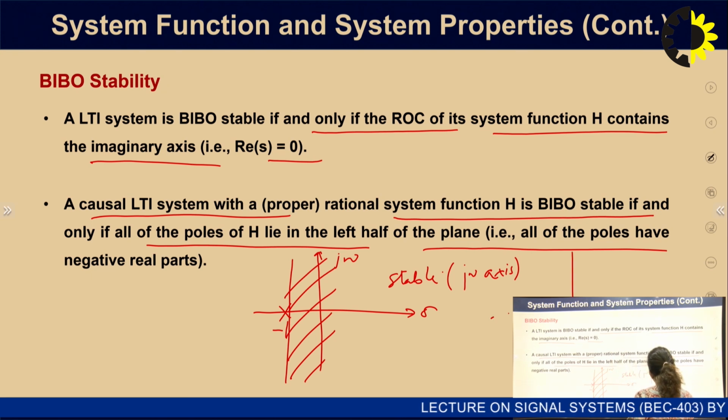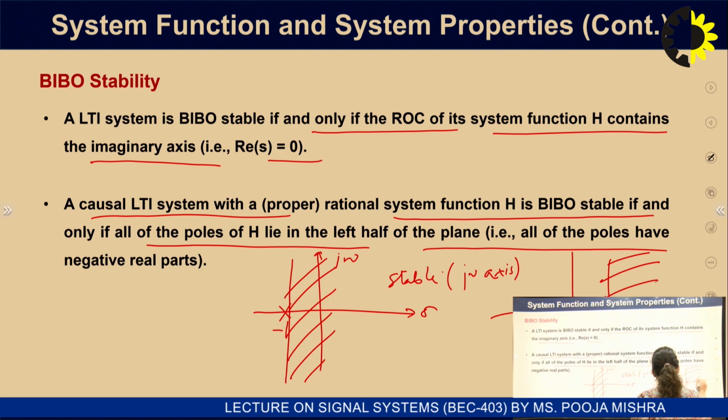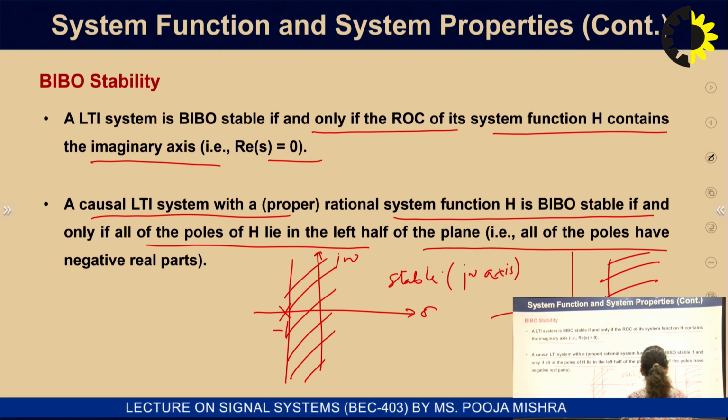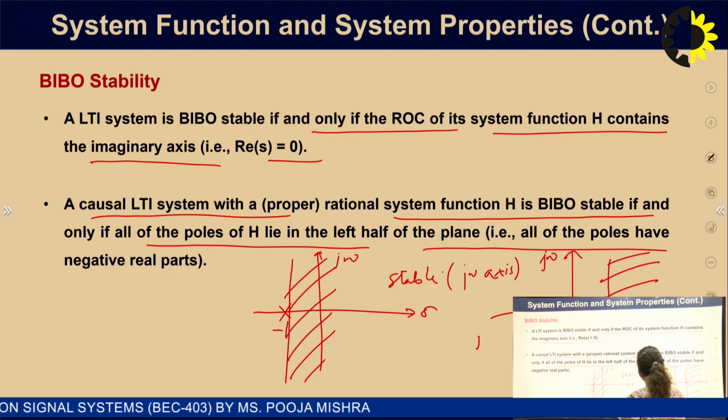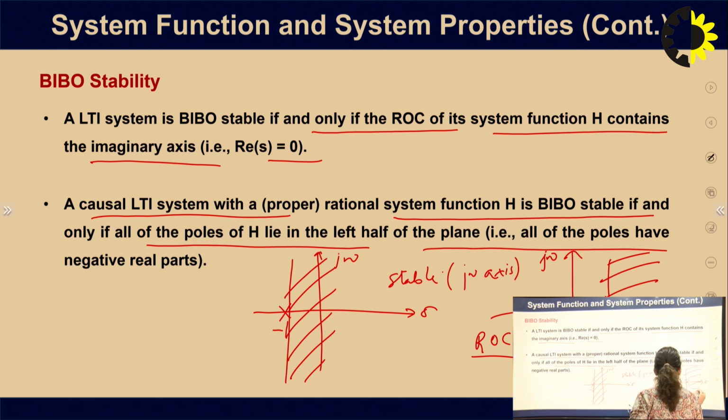But if the pole is on the right side and the signal is a right sided signal, then the ROC does not contain the j omega axis. That's why it is not stable.